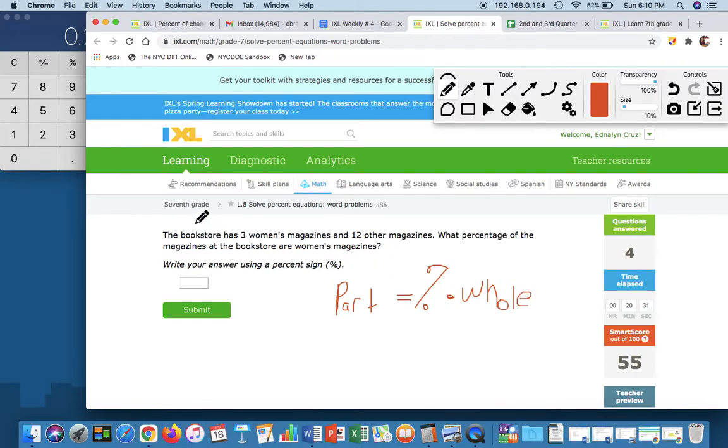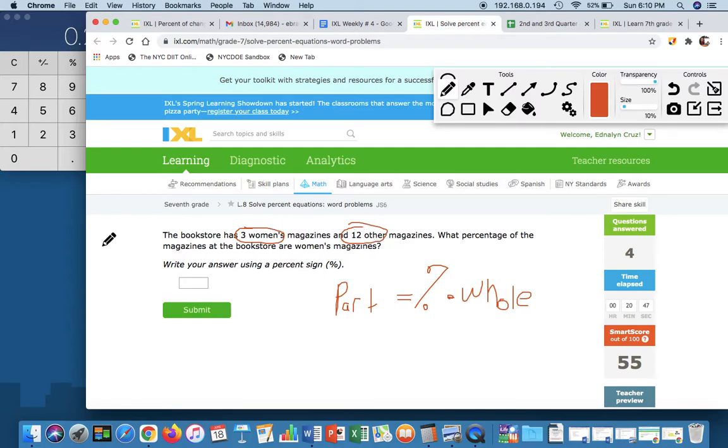Okay, here we go. The bookstore has 3 women's magazines and 12 other magazines. Okay, so neither of those is the total. Those are both parts.